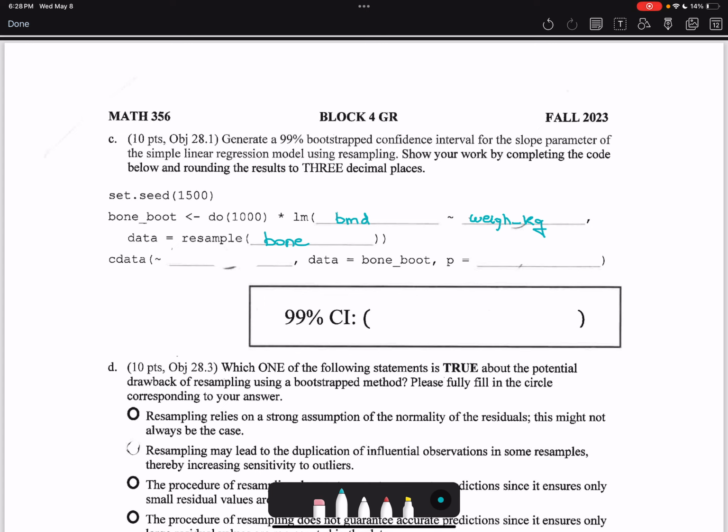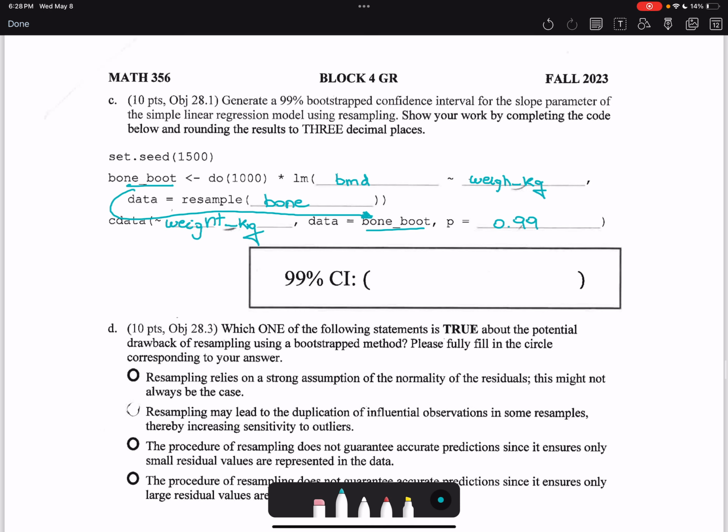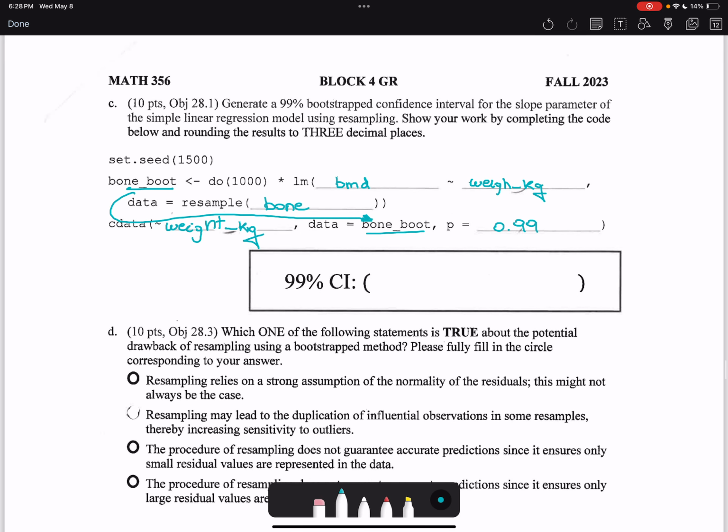And then we want a 99 bootstrap, so I know I have to put a 99 there. And here, the data is bone boot, as you see right there. And what do you have to put here? Here we have to put the explanatory variable because we want the slope with respect to that variable. And then we're going to get the confidence interval. Now this is a confidence interval on the slope.